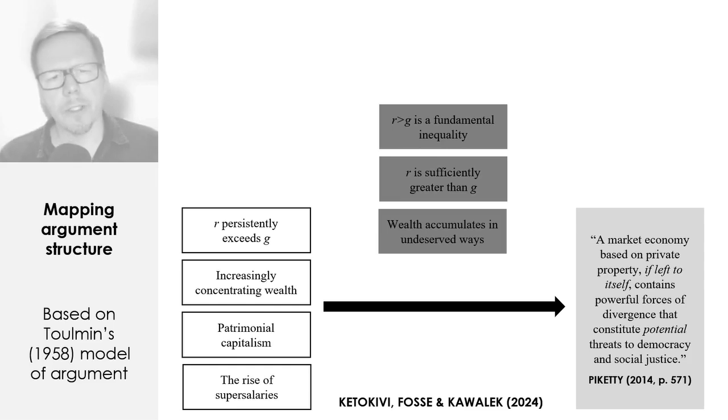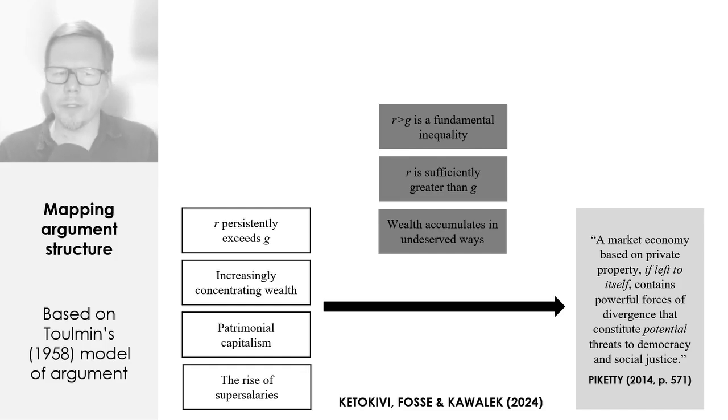Piketty calls R being greater than G a fundamental inequality, that there's something profoundly important about it. But again, just by looking at the tax records and income records and estate records, there's really no empirical grounds for labeling R greater than G a fundamental inequality.